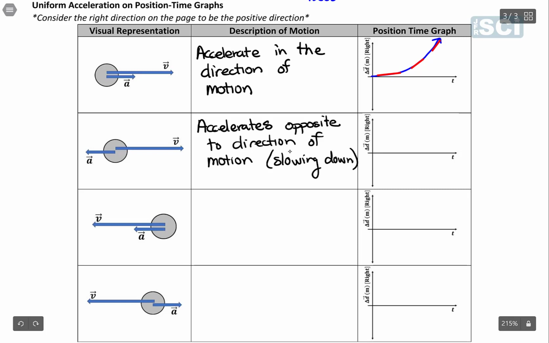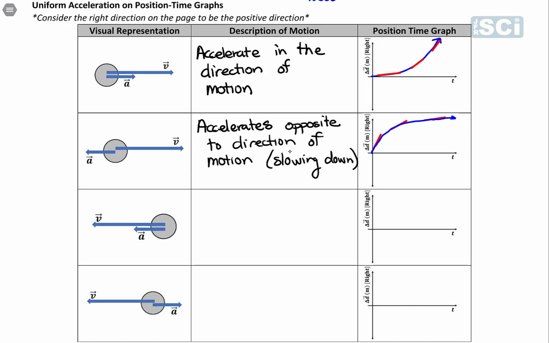Okay, so if I'm slowing down, initially I'm going to be moving very quickly, and then my velocity is going to get lower and lower. So my graph should start very steep and start to decrease. So the velocity, the tangent to this line, should get its slope being lower and lower and lower. Okay, so that would be what the characteristic image of a position time graph would look like.